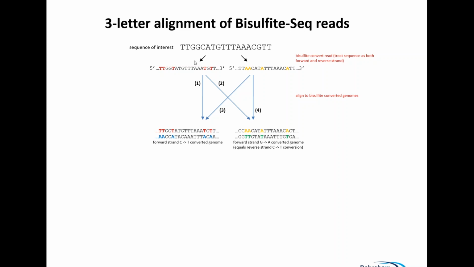And we also need to convert the sequences either for the top strand or for the bottom strand, and then we need to perform up to 4 different alignments. So C to T converted sequence to the C to T converted genome, to the bottom strand, and then this sequence to that. So we can end up with 4 different alignment threads per sequence in order to be able to identify where a sequence came from.